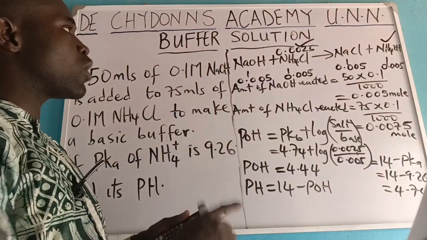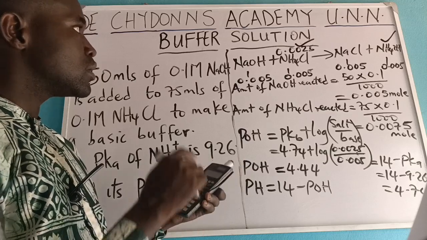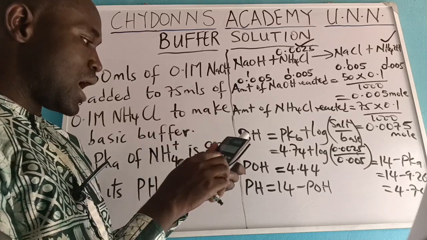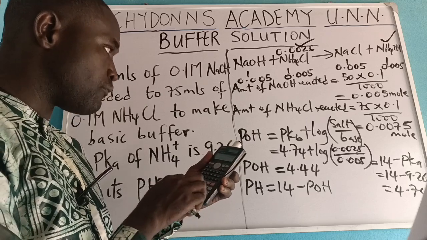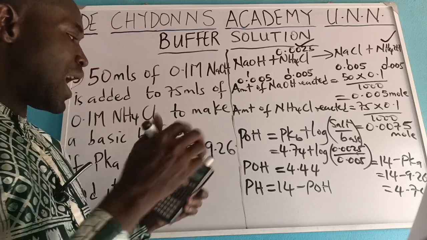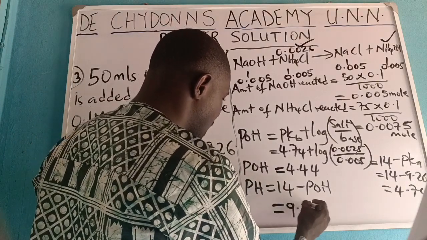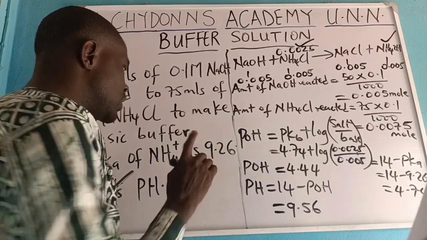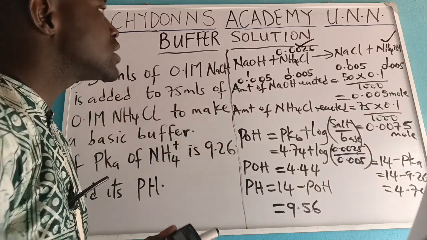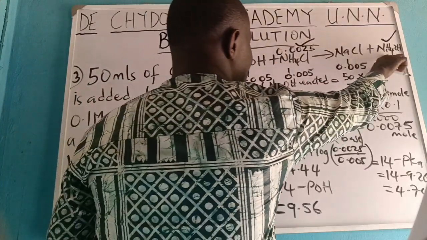It means that I will write 14 minus 4.44. And that will be giving me 9.56. That becomes our pH.